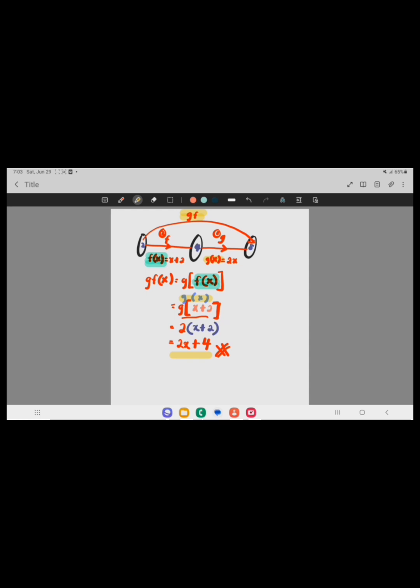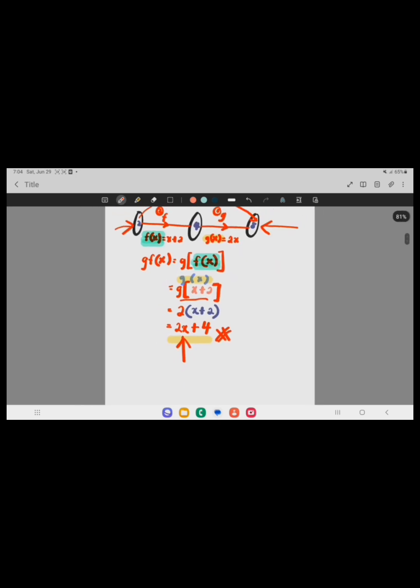Okay, so to prove that this method really works, I just want to substitute the x value with 2. If I get back the number at the end, which is 8, then the method is really okay. The method is workable.